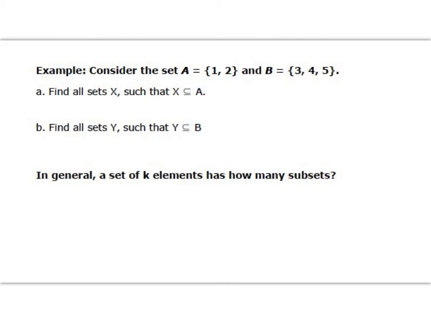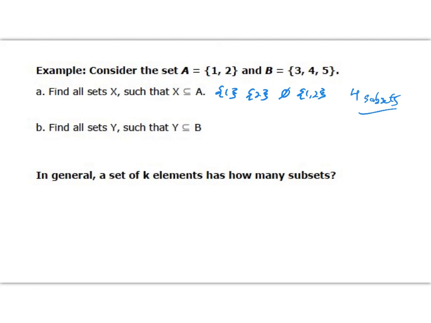If I'm thinking about finding all the sets that are subsets of A, well, if it includes just 1, or just 2, or it's the empty set, and believe it or not, A can be a subset of itself, you have 4 subsets here.